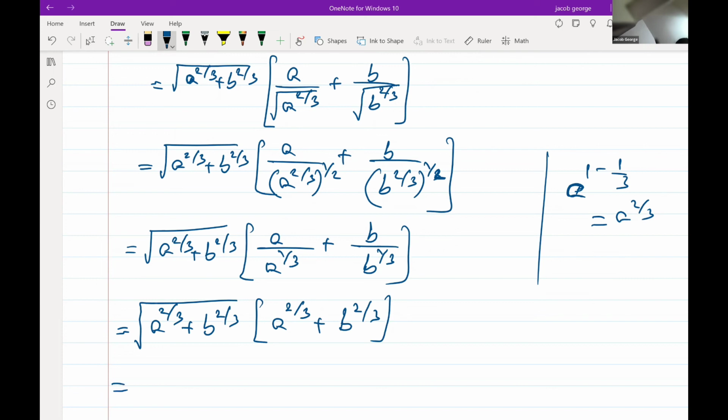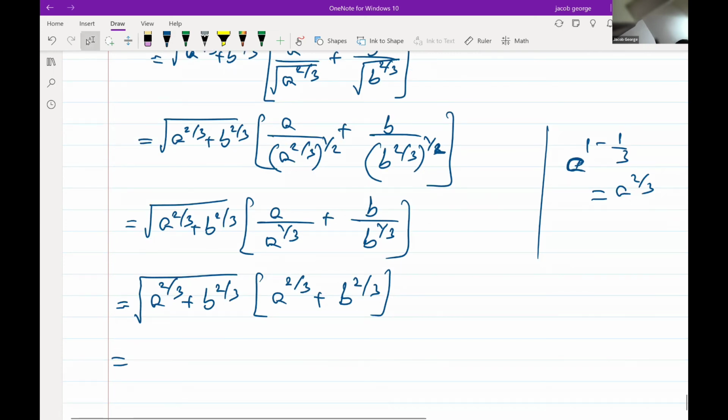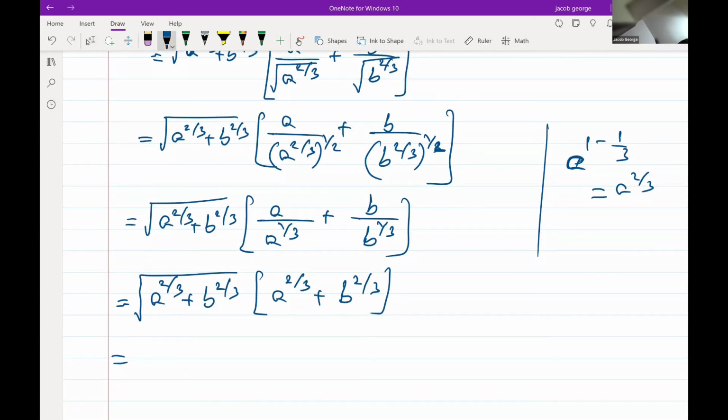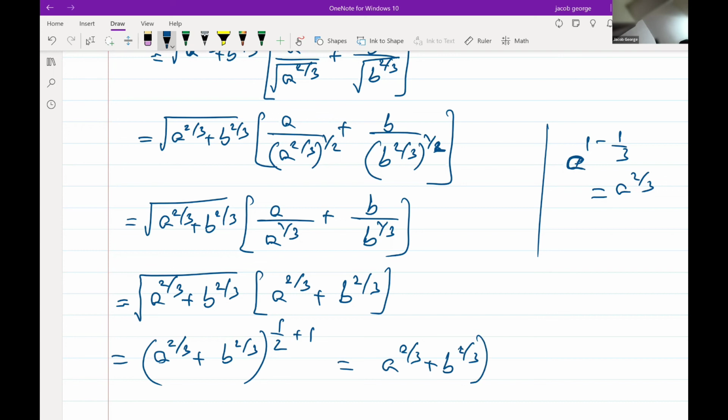Root means raised to half, so raised to half into raised to 1. That will be (a raised to 2 by 3 plus b raised to 2 by 3) raised to half plus 1, the whole raised to half and the whole raised to 1. So we get (a raised to 2 by 3 plus b raised to 2 by 3) the whole raised to 3 by 2. This is the minimum length of the hypotenuse.